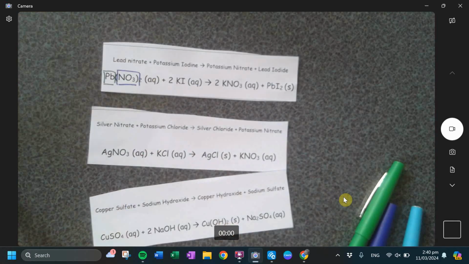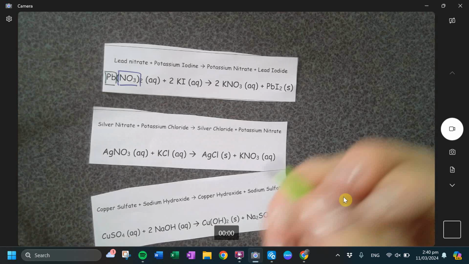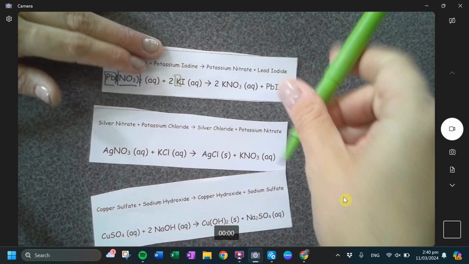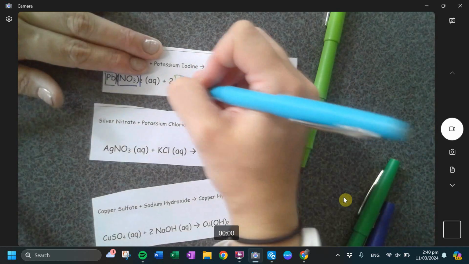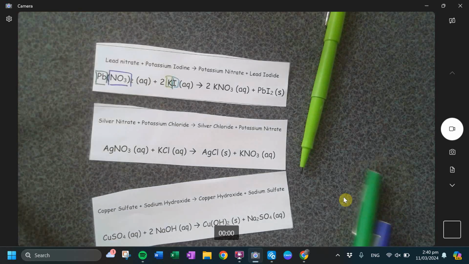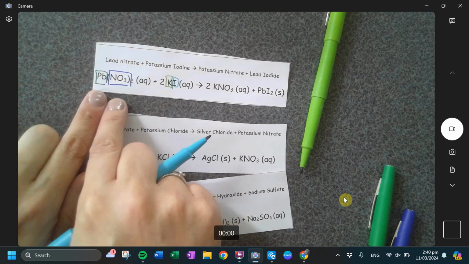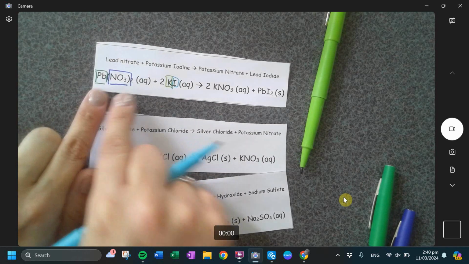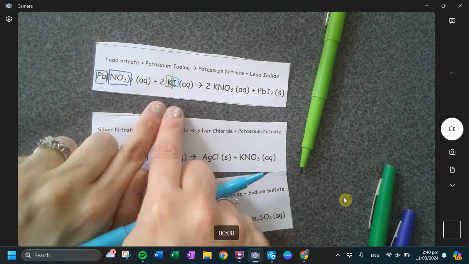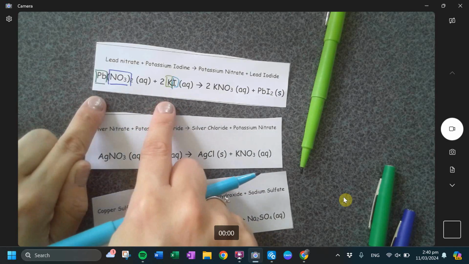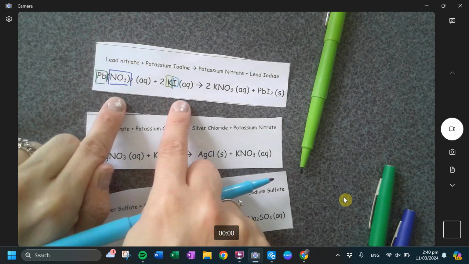And then in the second combo, I have potassium and iodide. So what I've done is I've put the first color code as the darker blue and green, and the second grouping as lighter blue and green. And I've assigned green to the cations and blue to the anions.